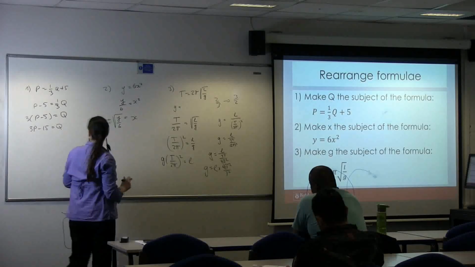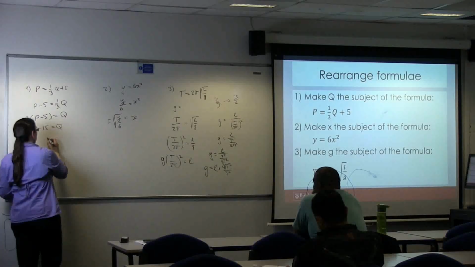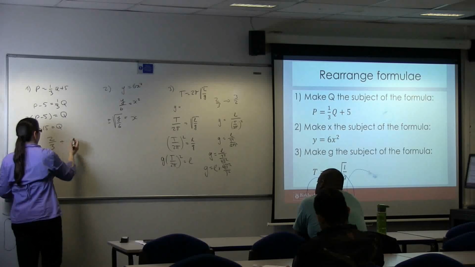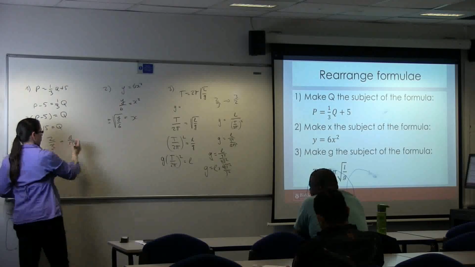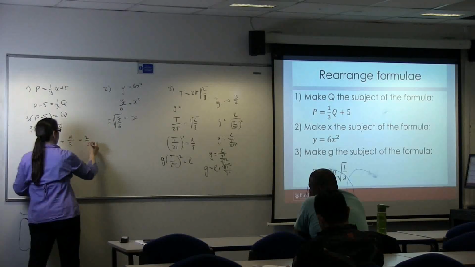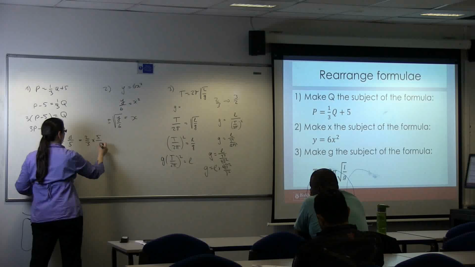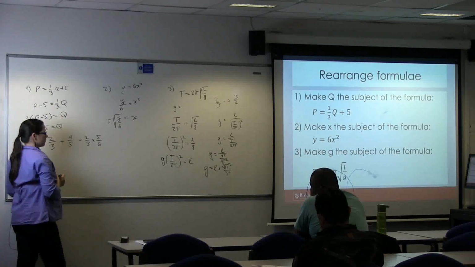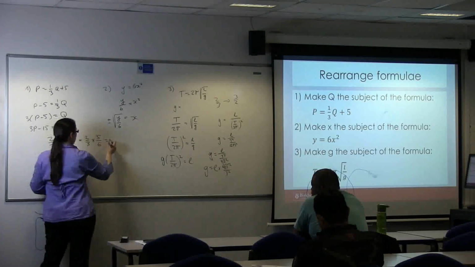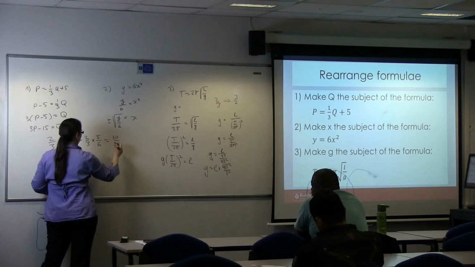So if you ever had to carry out something like 2 over 3 divided by 6 over 5, to do that, you would do 2 over 3 multiplied by 5 over 6. And then that gives you 10 over 18.